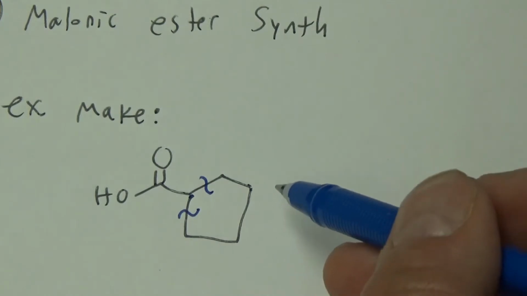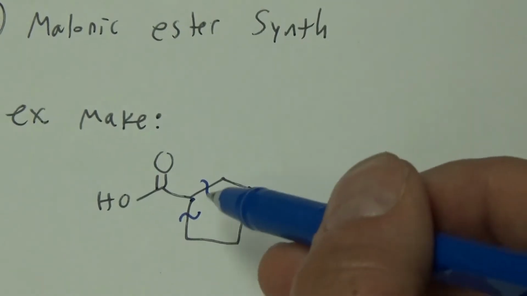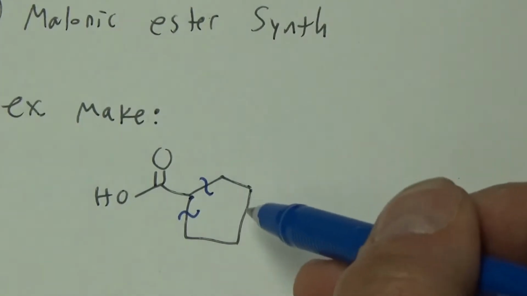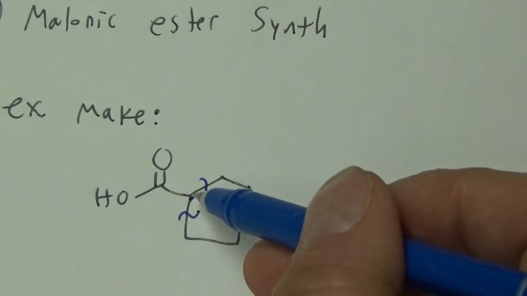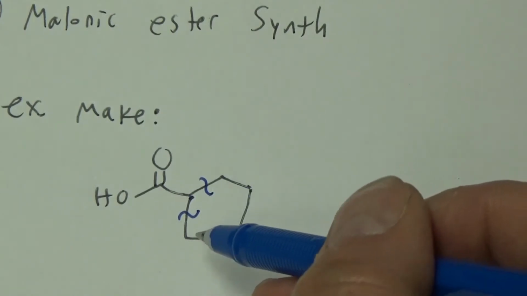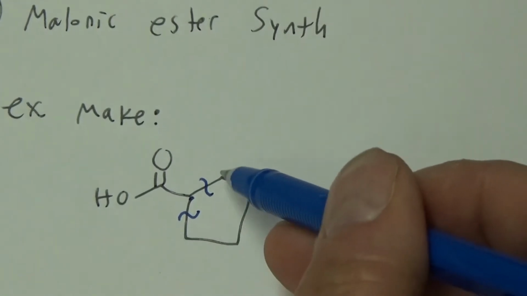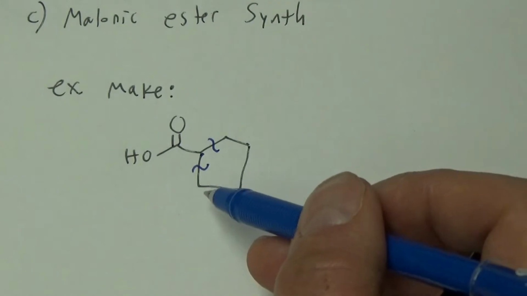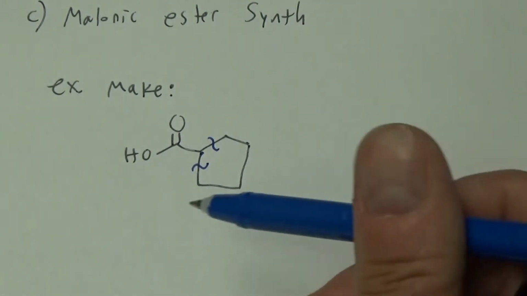And how many carbons will be on that alkyl halide? Well, we see the squiggly lines. There's a 5-member ring, but one of the carbons will be part of the diethyl malonate, so the alkyl halide will be 1, 2, 3, 4 carbons, right? So it'll be essentially a bromine, 4 carbons, bromine, right?